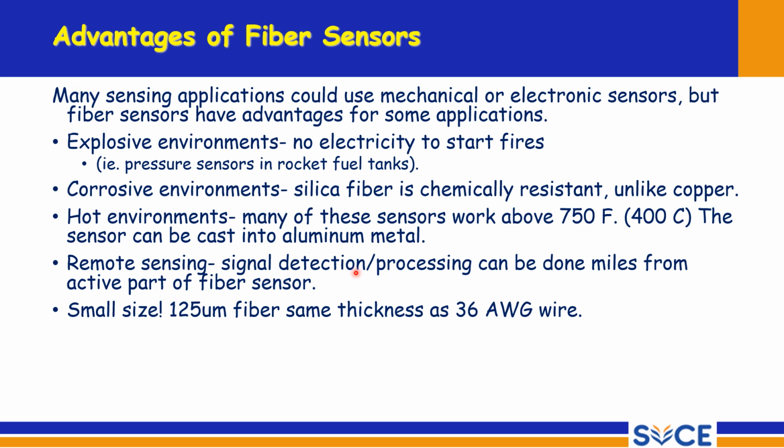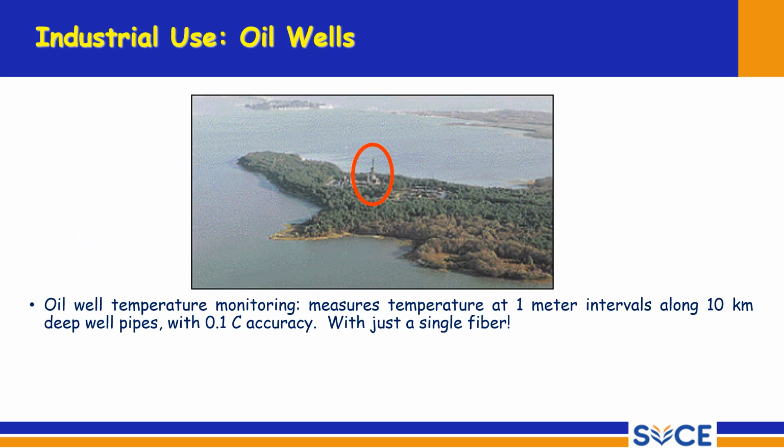So remote sensing: signal detection and processing can be done miles from the active part of the fiber sensor. Small size: a 125 micrometer fiber, about the same thickness as 36 AWG wire. Even with the small fiber, we can transmit the light very effectively. Industrial use in oil wells: you can see this is an oil well.